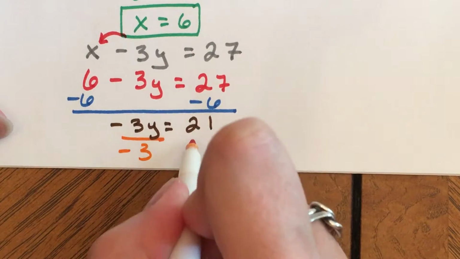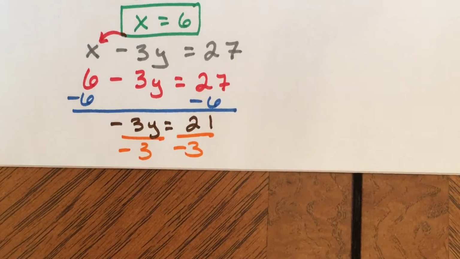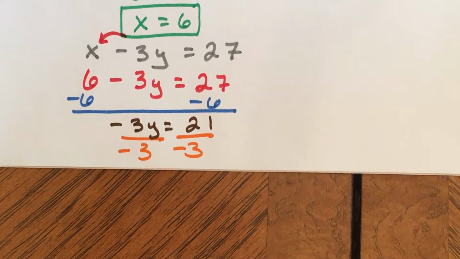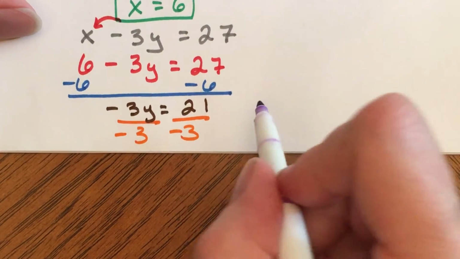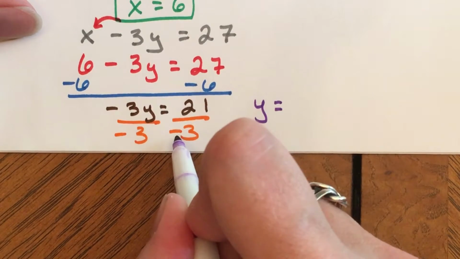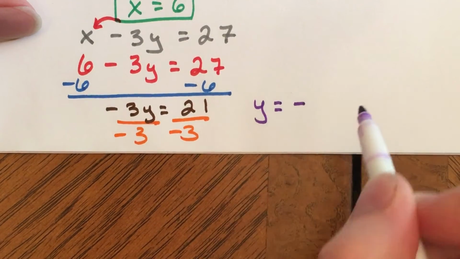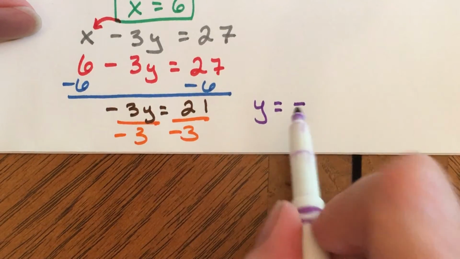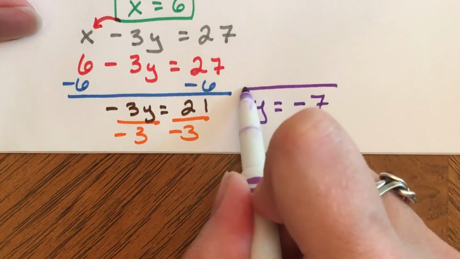Divide by negative 3 on both sides. Y equals a positive divided by a negative. It's a negative. 21 divided by 3, 7.